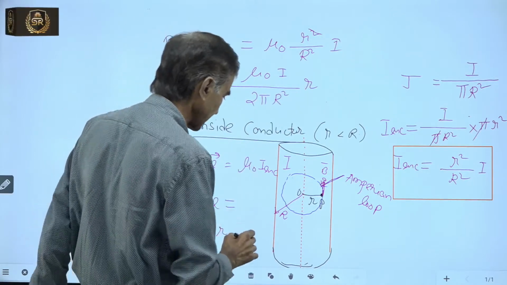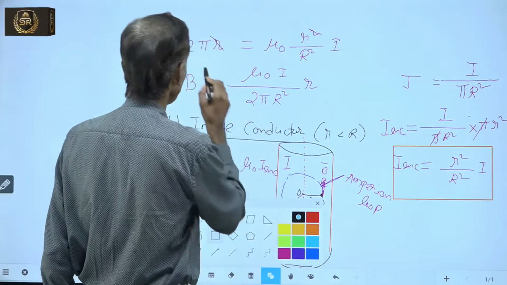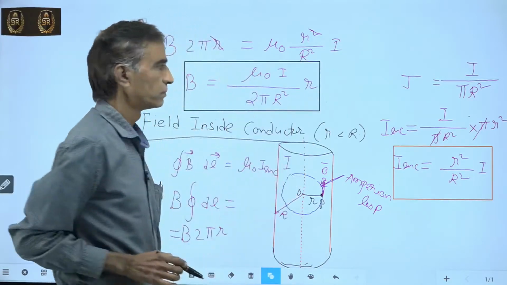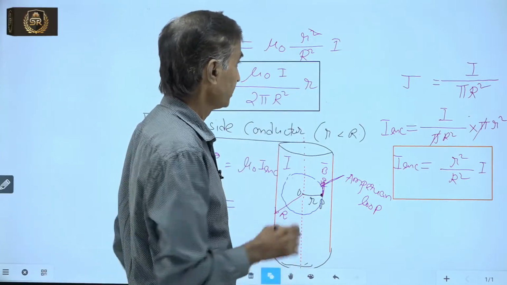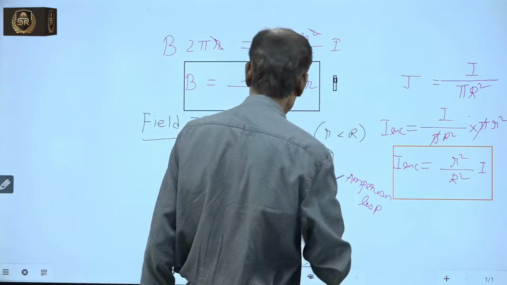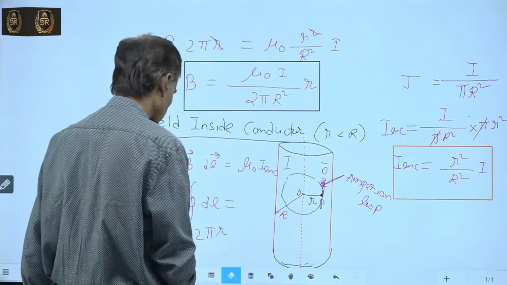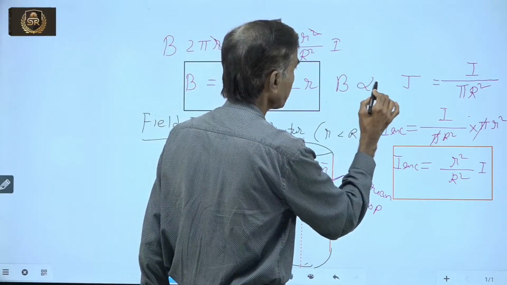So, inside the conductor, this is the magnetic induction at a point inside the cylindrical conductor. Mu naught I by 2 pi capital R square into r means what? Inside the conductor, B is directly proportional to r.